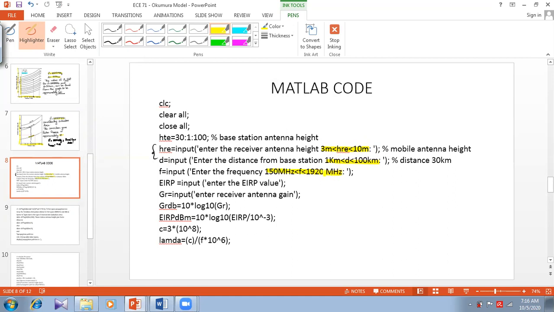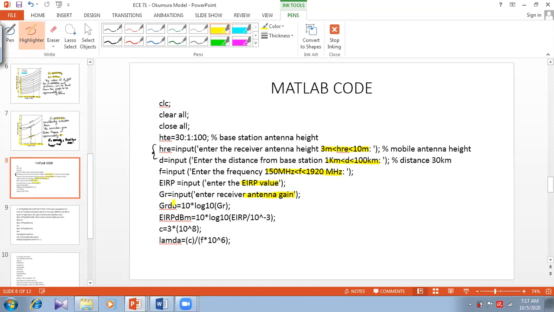150 to 1920 megahertz. As I told you, to calculate the received power, we would require EIRP. So we are requesting an input of the EIRP value, and GR, which is again required for calculating PRD. We will require the user to give us the value for the antenna gain.